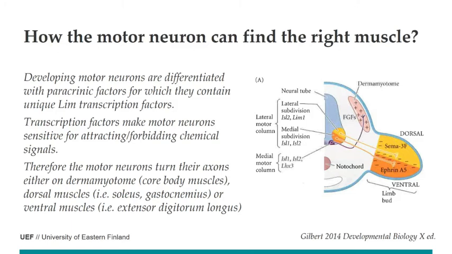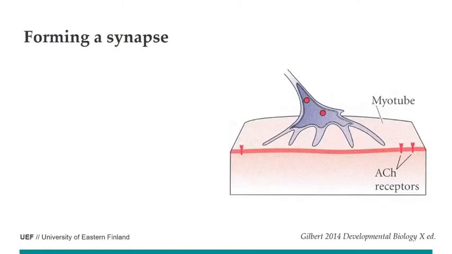But then how does the muscle cell know that it will get information only from one neuron? Well, we have to check from the synapse how the synapses are formed in these motor neuron junctions.